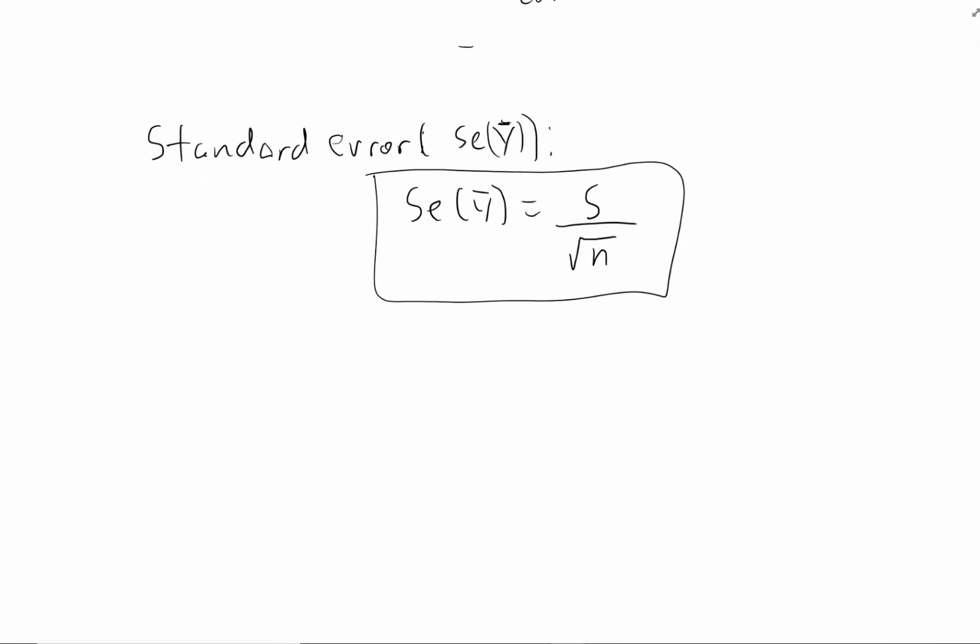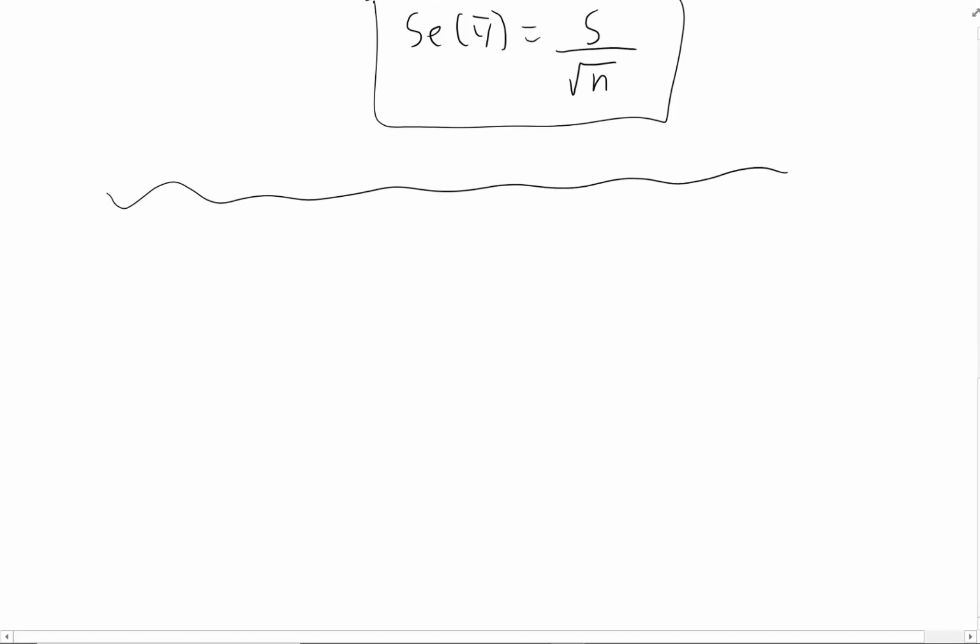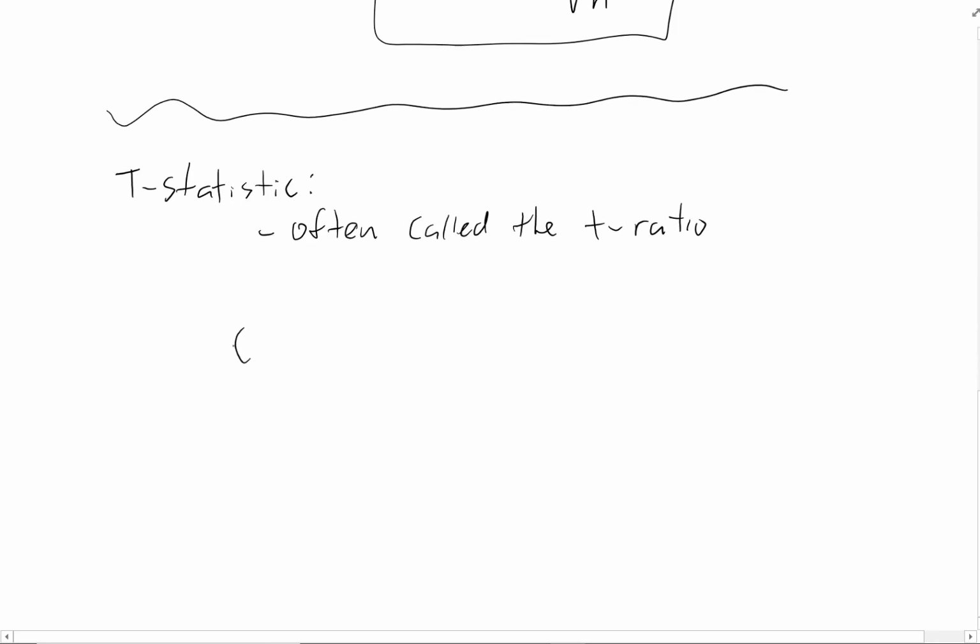This is going to allow us to come up with a test statistic called the t ratio or t statistic. So let's talk about the t statistic. We often call this the t ratio as well. The formula for the t-statistic is y bar minus mu y0, and we'll talk about that in a second, over this standard error of y bar.